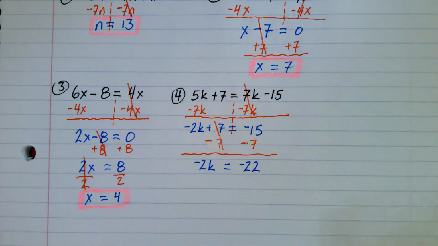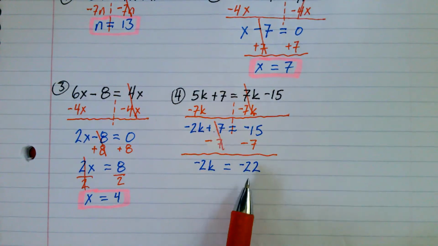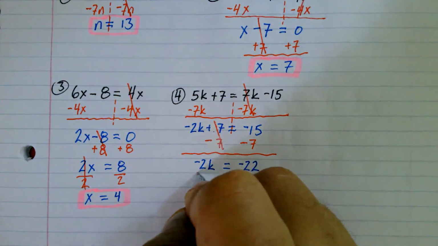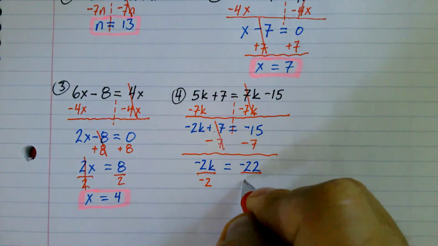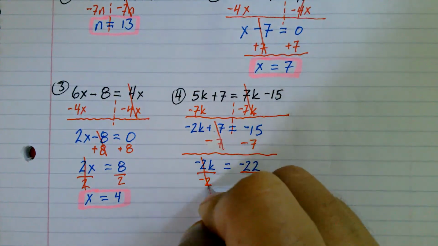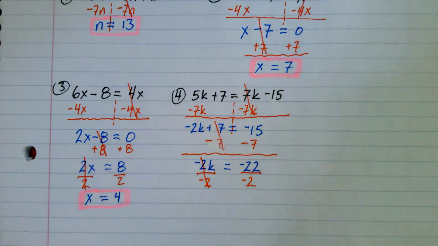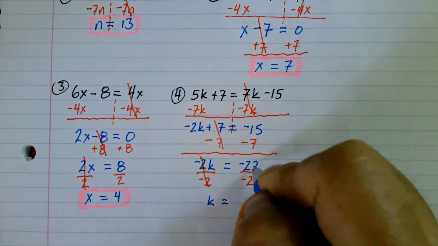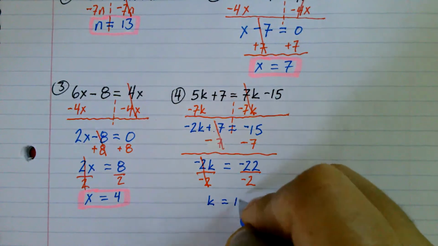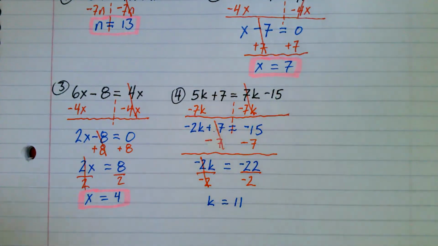So now I have negative 2k, negative 2 times k, equals negative 22. I want to get rid of the negative 2. Divide it out. Negative divided by negative is positive 11. And I get my final answer.